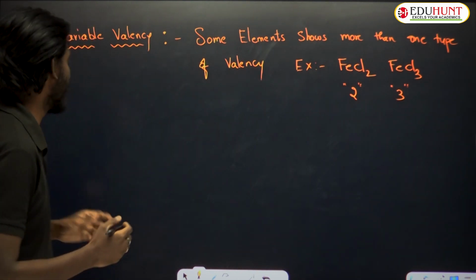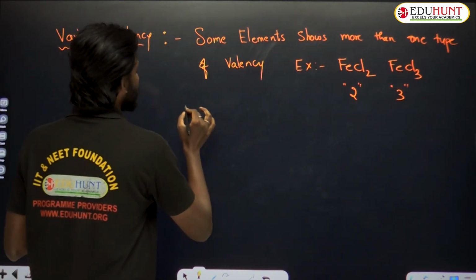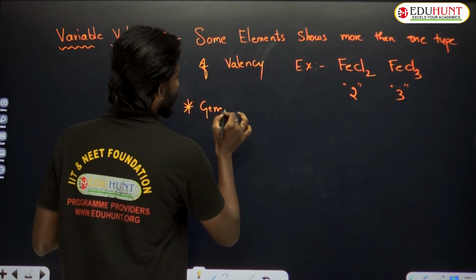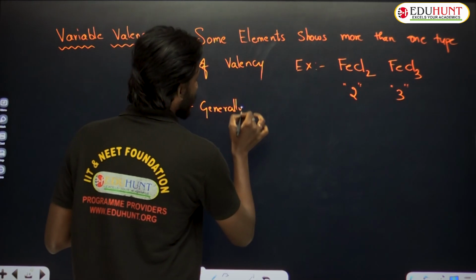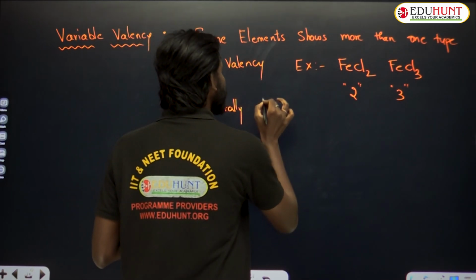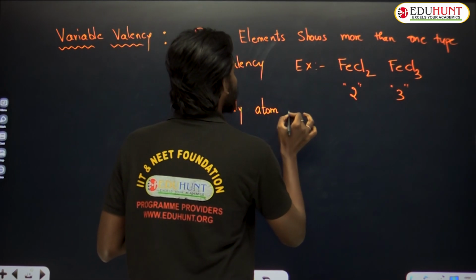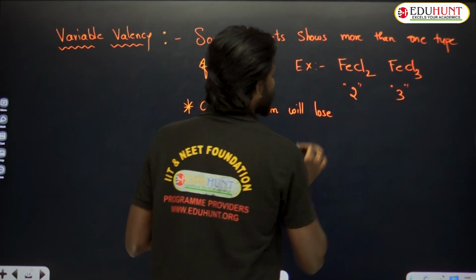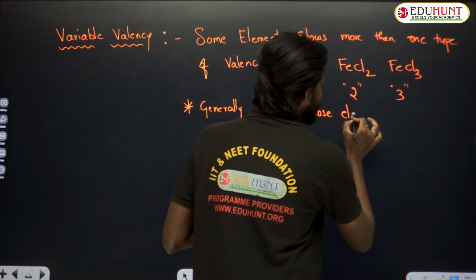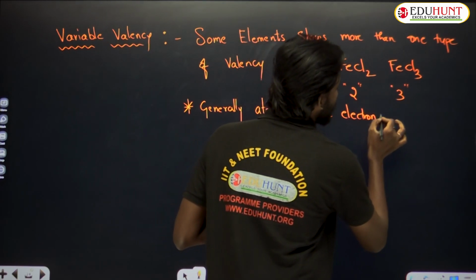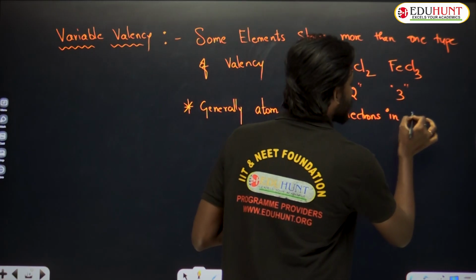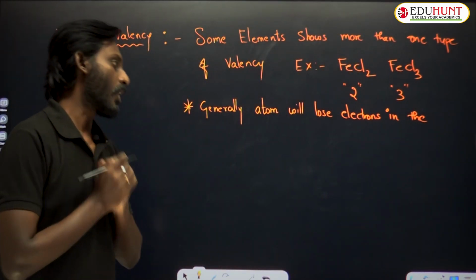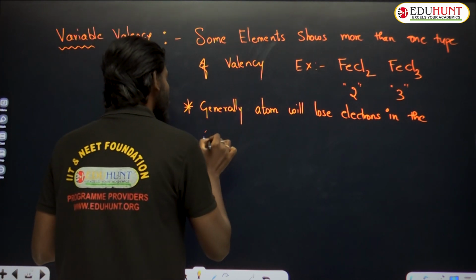Generally, an atom will lose electrons in the outermost shell.